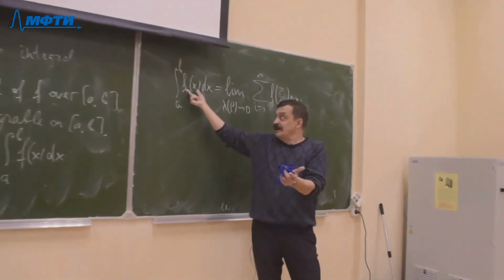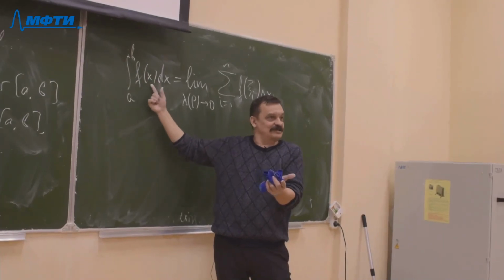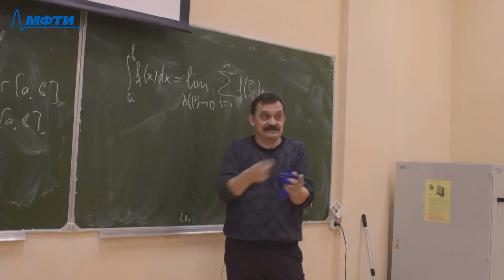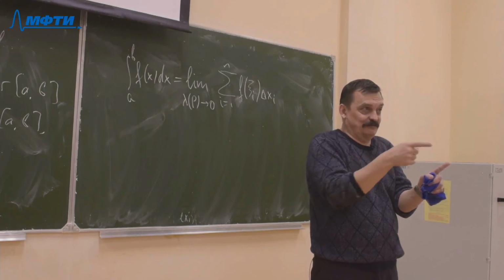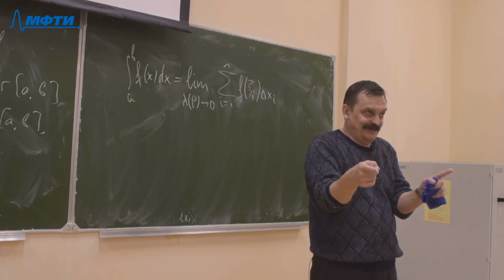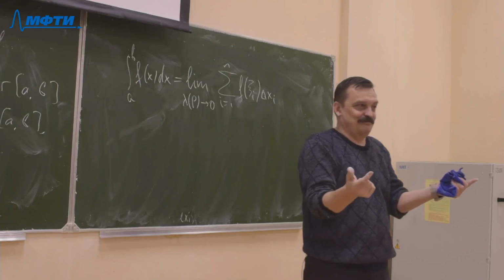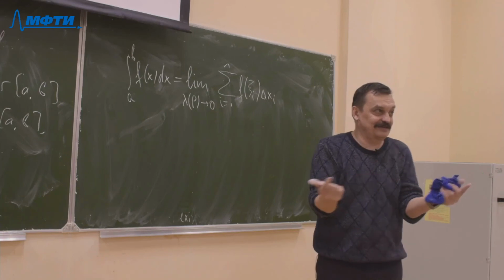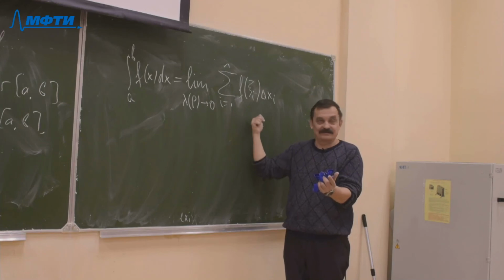You sum uncountably many values of function f. Uncountably many, right? f of x is defined at every point of an interval, and we have uncountably many points on an interval. And we sum terms of this form over uncountably many points, roughly speaking. And that is how we do it. We understand it like this limit.